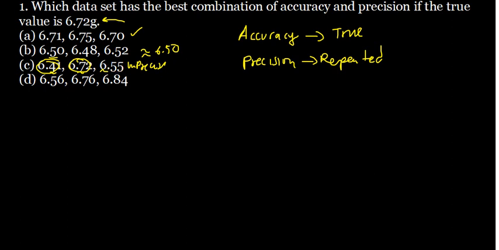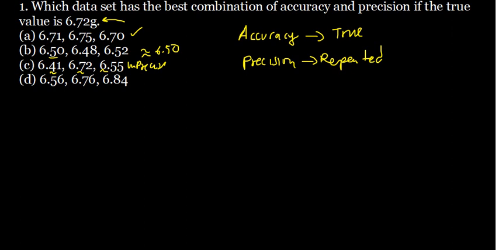The answer will not be close to 6.72. I can try that. 6.41 plus 6.72 plus 6.55, and then we divide that by 3. That is 6.56, which is very far away from 6.72.